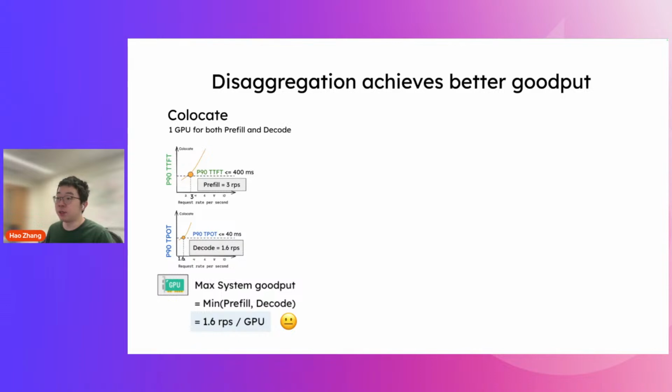That is, 90% of requests have a TPOT that stays within 40 milliseconds. Therefore the overall system goodput is just the minimum of these two, which is the minimum of 3 and 1.6, equal to 1.6 requests per second per GPU. That's the goodput that we can sustain with a single GPU.